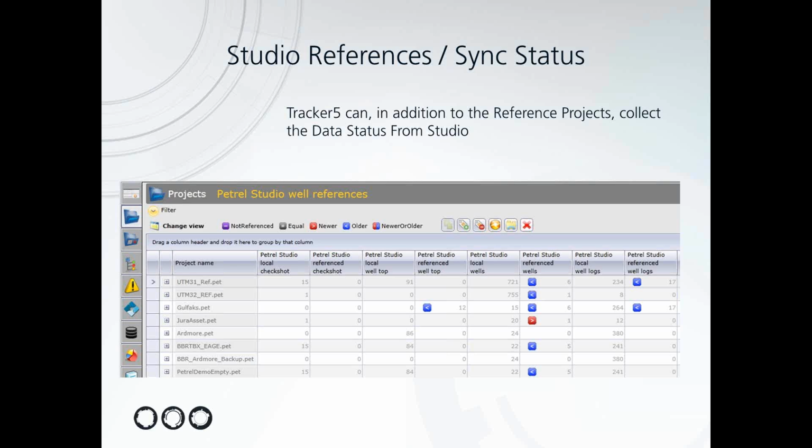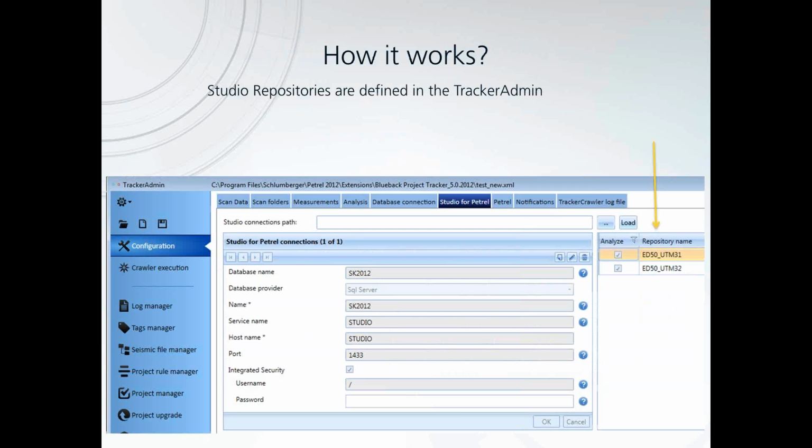The tracker number 5 of course does that, but in addition it also factors in a Studio database. So you can see which projects have taken data from a Studio database and what the data sync status is, i.e. if it's older or newer or equal. This lets you see how the Studio data has come into the projects, where it belongs and where it needs to be updated.